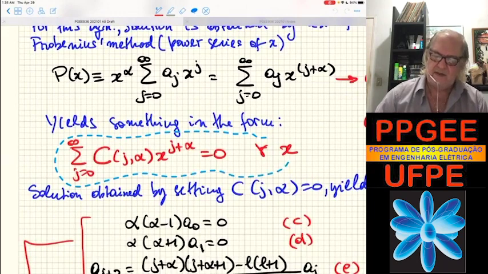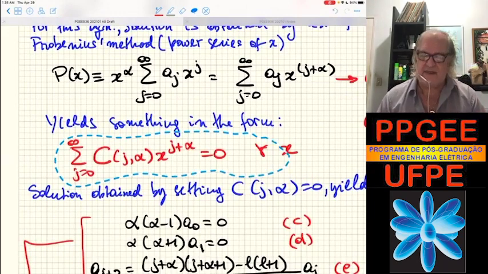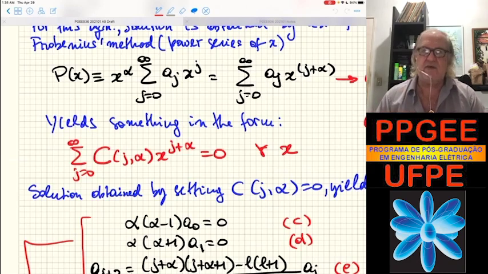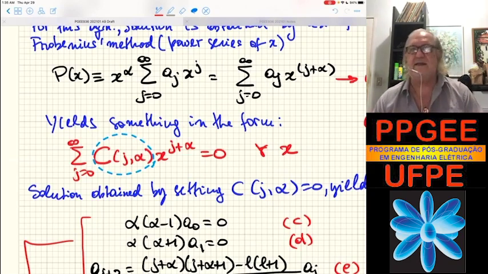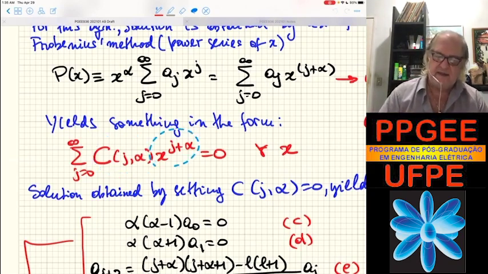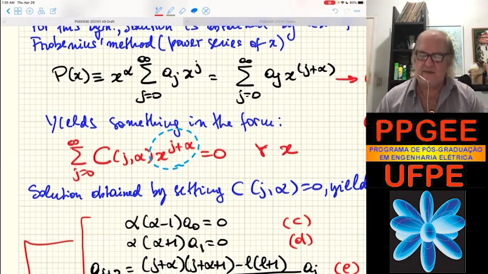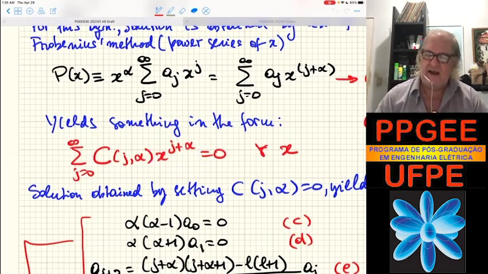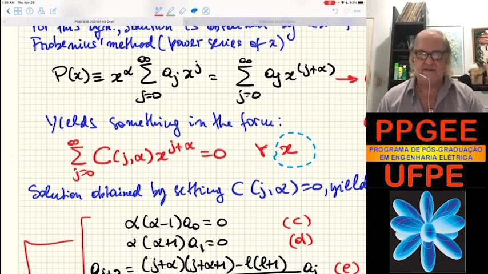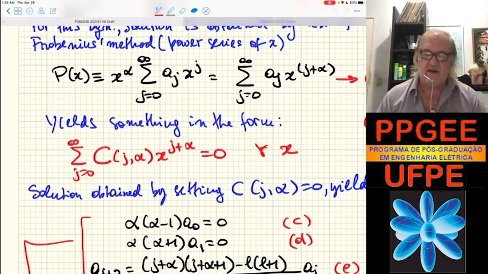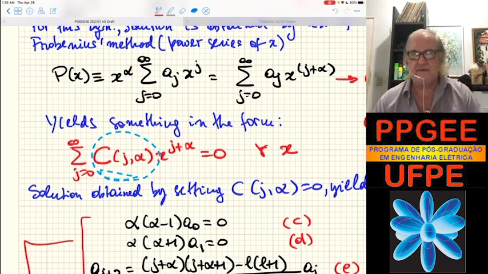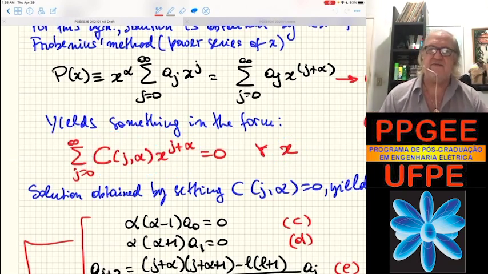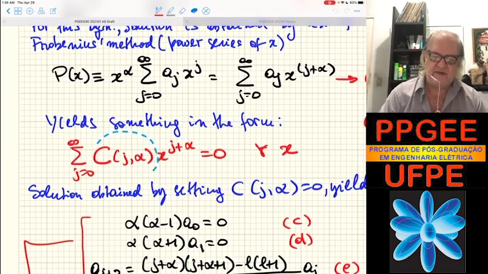Okay, so I can formally represent the result after doing all the derivatives and so forth. We're going to have a constant that depends on the index and on alpha, multiplying the power series equals 0 for any value of the variable x. So the only possibility of you having a power series which is 0 for any x is that the coefficient goes to 0. So find the coefficient yourself, the C of j alpha, this coefficient here, okay?